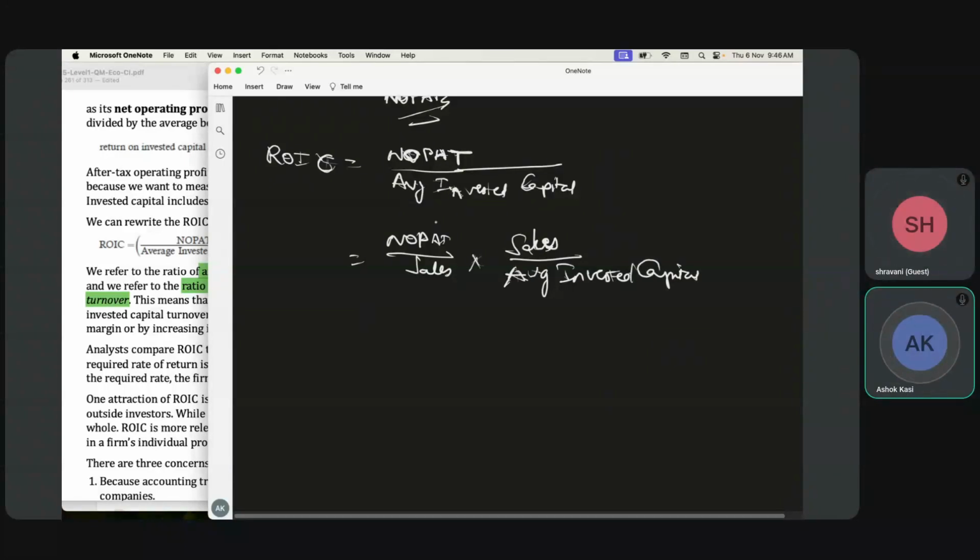So NOPAT by sales. NOPAT, you think of this as profit. This will tell you whether the return that you are getting is because of the margin.